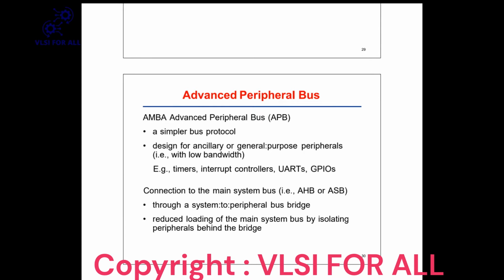That's why the bridge is required, so that in the next clock cycle the transaction coming from AHB will be temporarily stored, because APB will require two clock cycles to digest that one transaction. So that relation we have to match properly through the bridge, and that's how we decide that this is low performance and that is high performance.